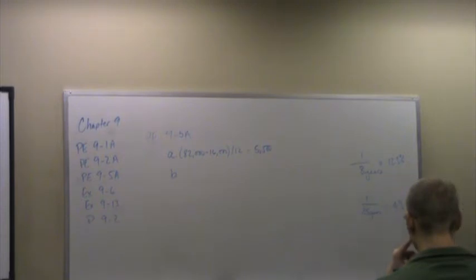Then B, looks like we have, okay, so it says determine the book value at the end of the 7th year of use. So how would we figure that out?